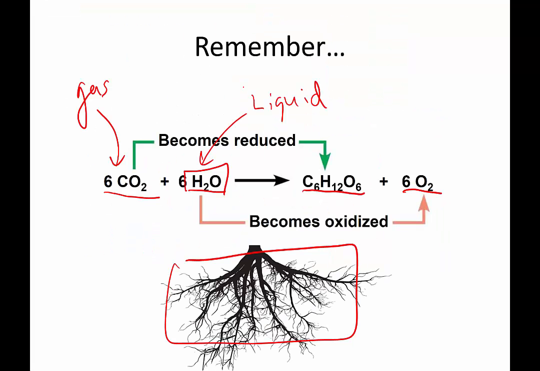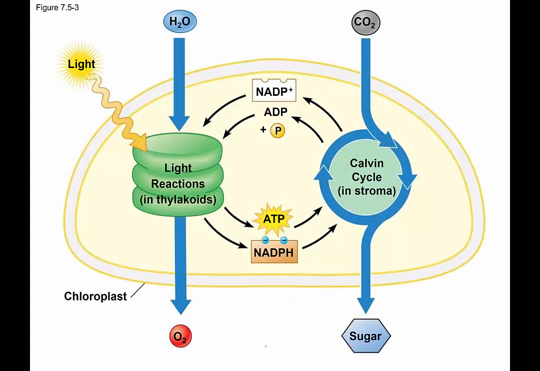And as you can imagine, it's a two-way system. So the roots are bringing water up towards the leaves, and the leaves, because they're able to do photosynthesis, are bringing sugars back down towards the roots. So it's a two-way highway, so water from the roots up to the leaves, and glucose from the leaves down to the roots.